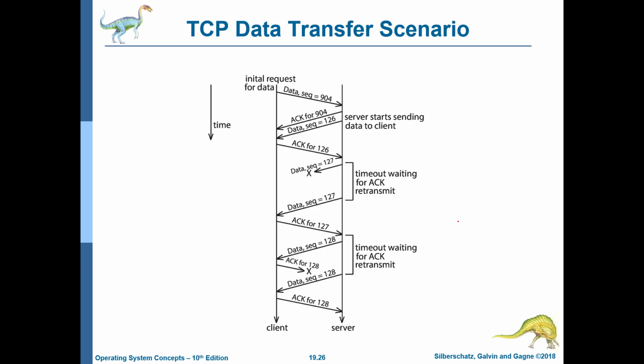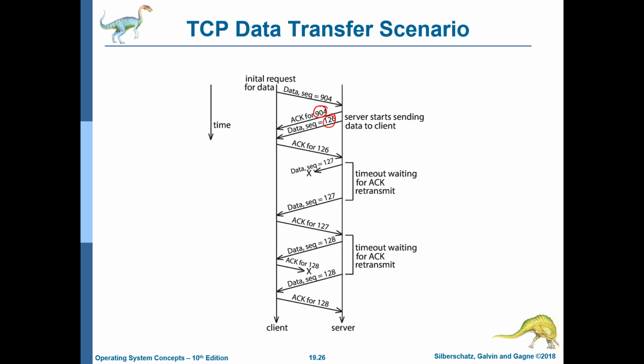This shows a typical data transfer scenario with TCP where data is sent with sequence number 904 and acknowledgement comes for 904, and then again from the other side data is sent with sequence number 126, right? So the server sends it, the receiver sends an ACK.